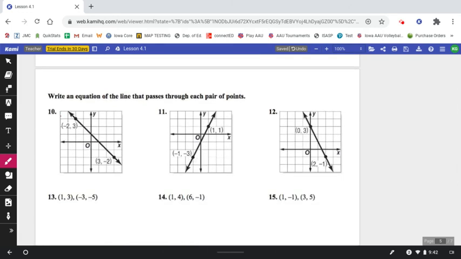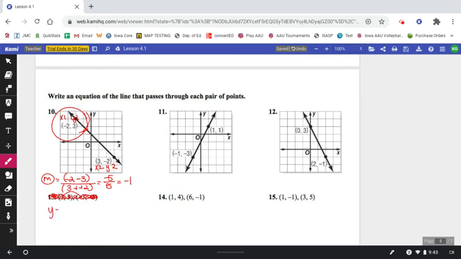So for this example, I'm going to call this first one my x1, y1, and down here, x2, y2. So the first thing I have to do is find the slope. So my slope is y2 minus y1, so -2 minus 3, over x2 minus x1. And when I do that, I'm going to have -5 over 5, which is -1. Now I use my slope and my first point in my point-slope form.